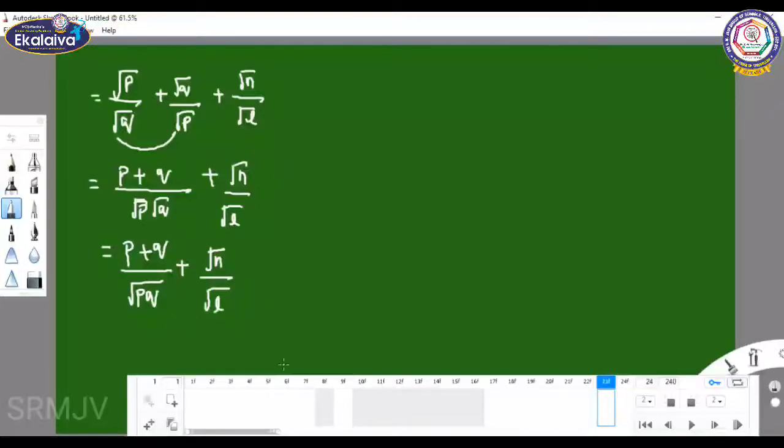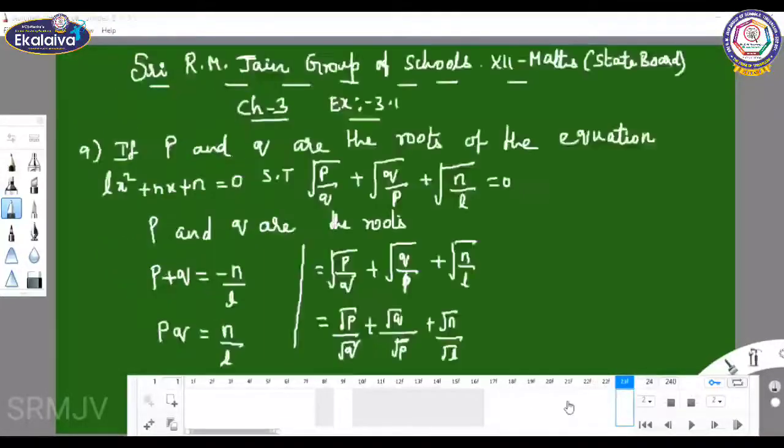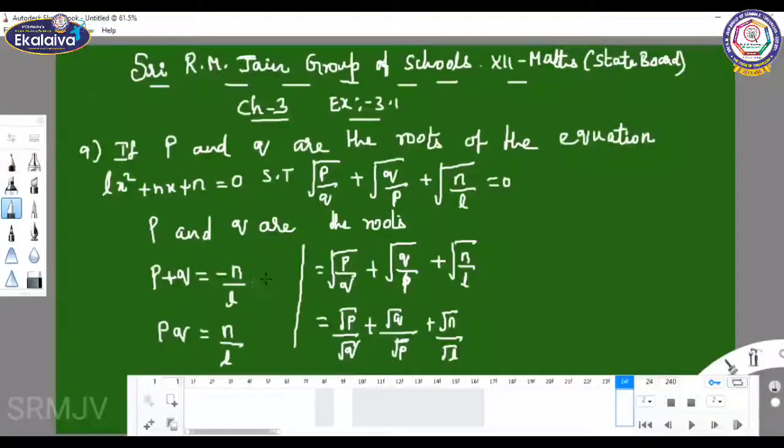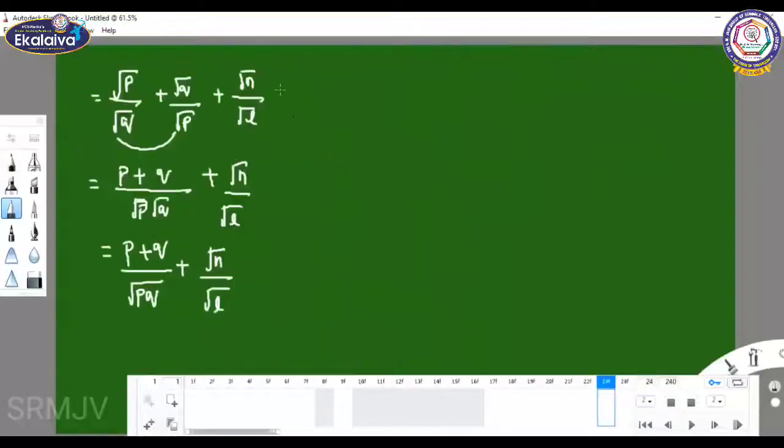So what is the value of p plus q? p plus q equal to minus n by l and pq equal to n by l. Substitute 1 and 2 in the left hand side value.